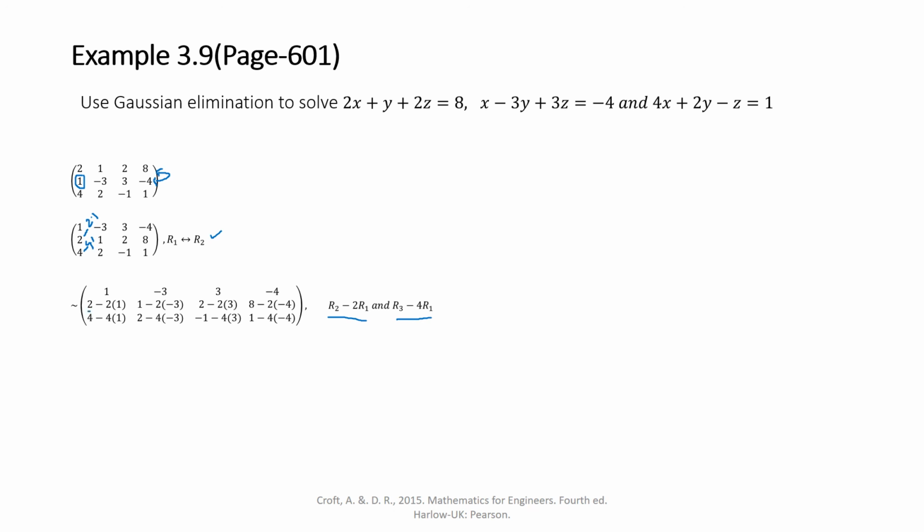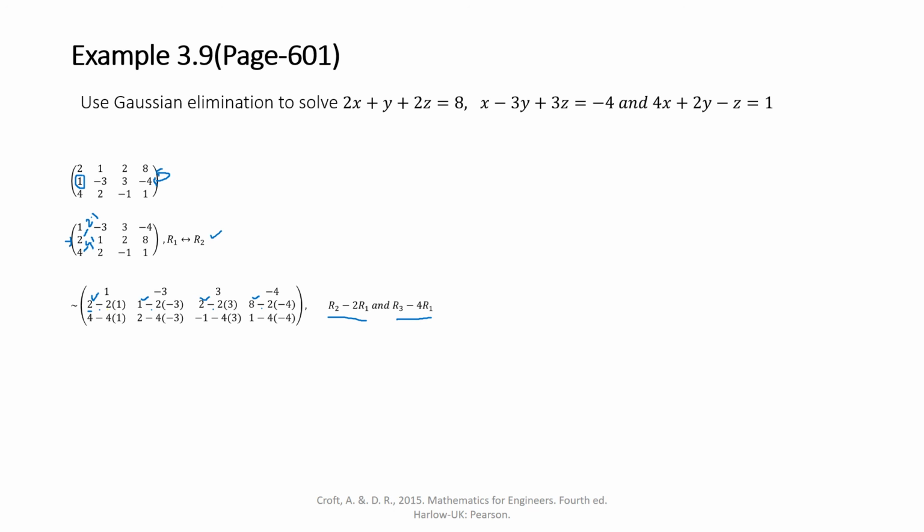So 2 is actually row 2. Look, first element, this is row 2, and then we subtract. We are using 2 because it can be made 0 only by multiplying 2.